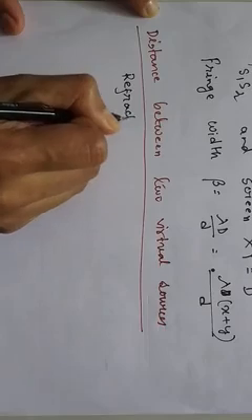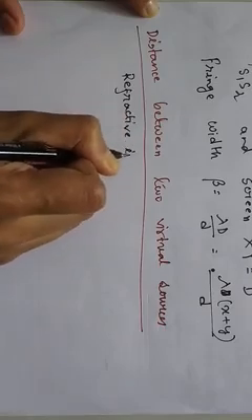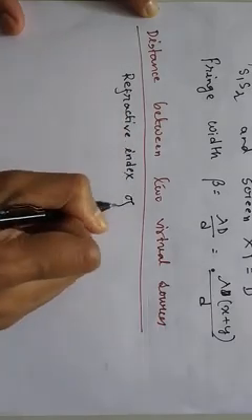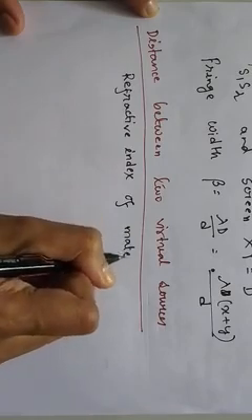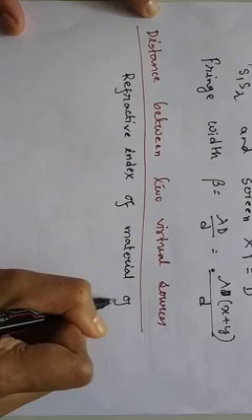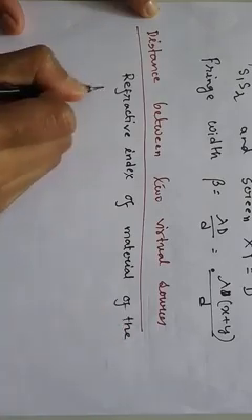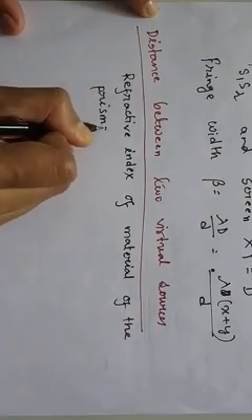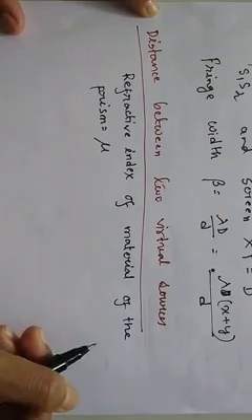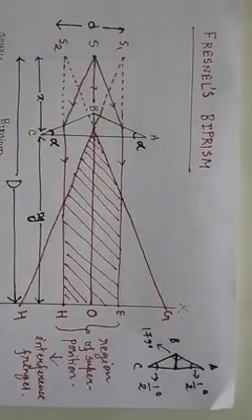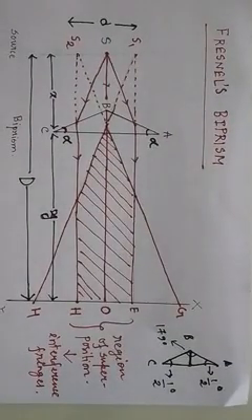If you know the properties of prism, suppose the refractive index of the material of the prism is mu. Here, at first, let us draw the angle of deviation.